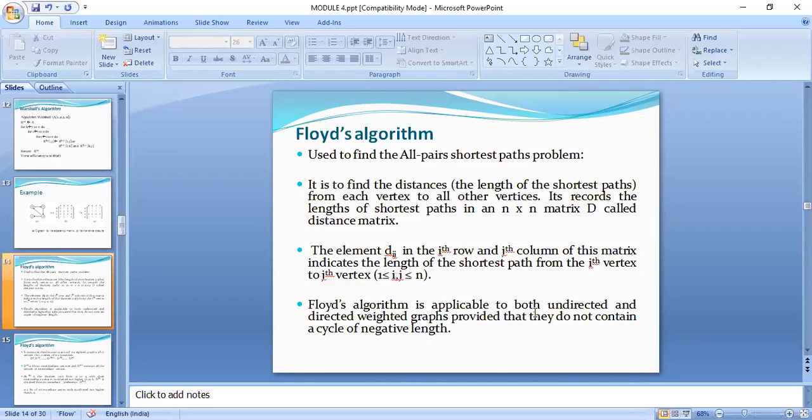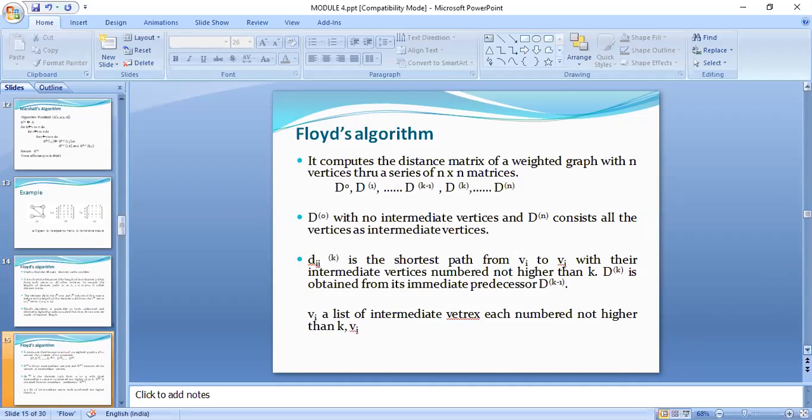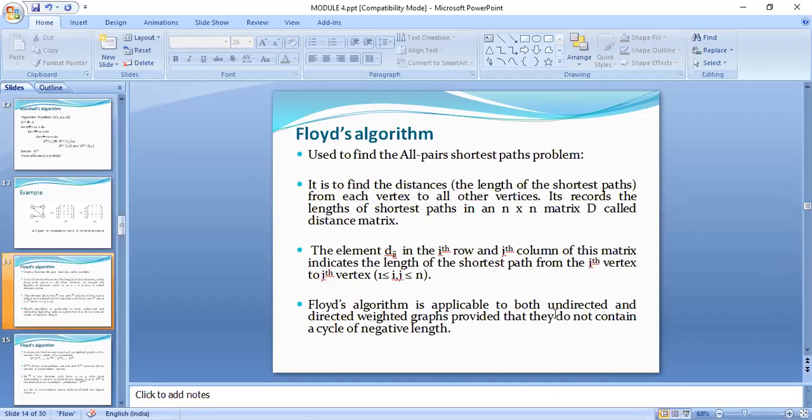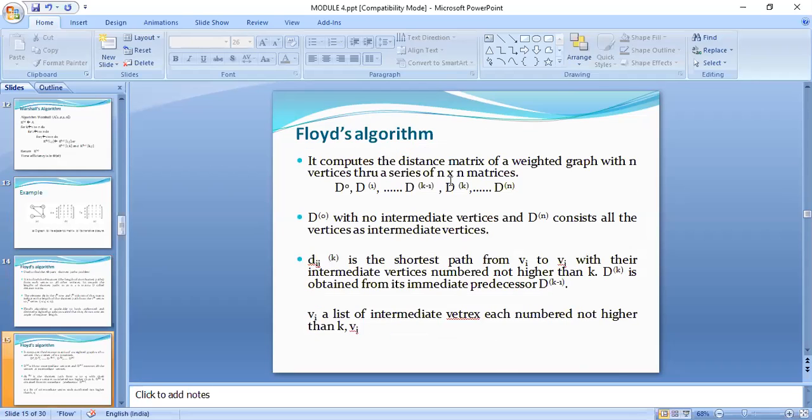Floyd's algorithm is applicable for both directed as well as undirected graphs, but it should be a weighted graph, provided they should not have a negative length. Why? Because whenever you find the all pair shortest path problem, shortest indicates a minimum value. If you have a negative value, you will always end up with a negative value.